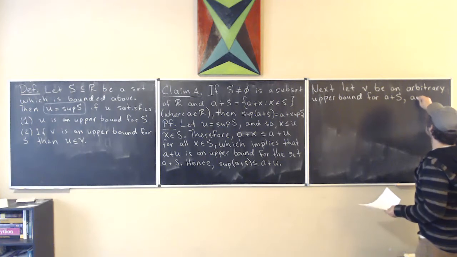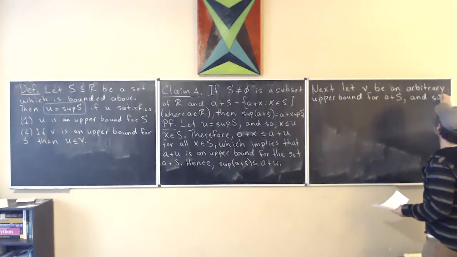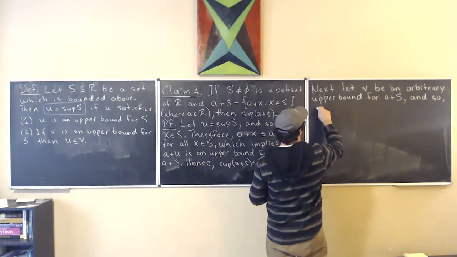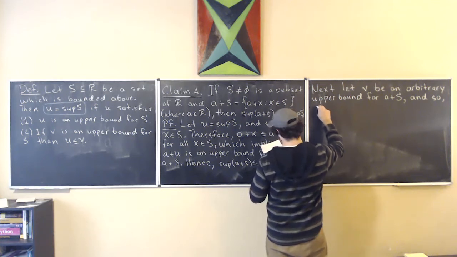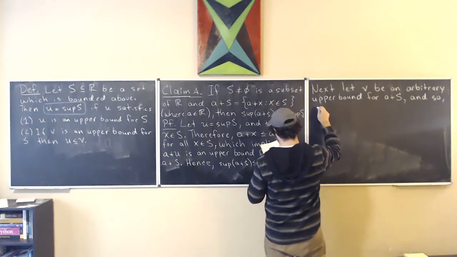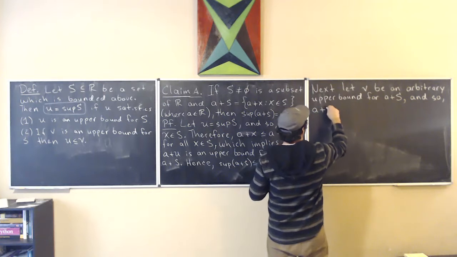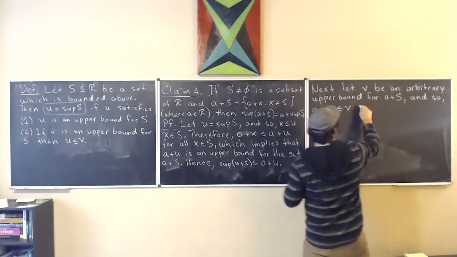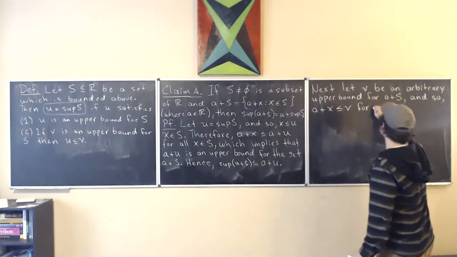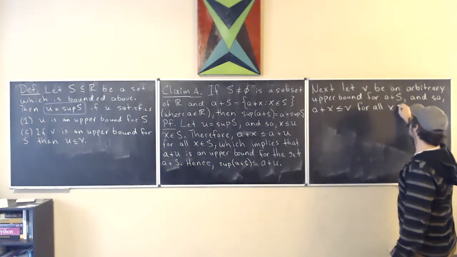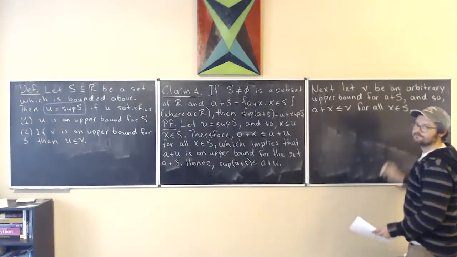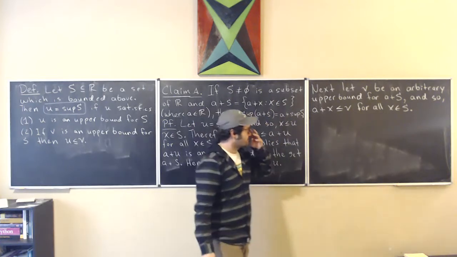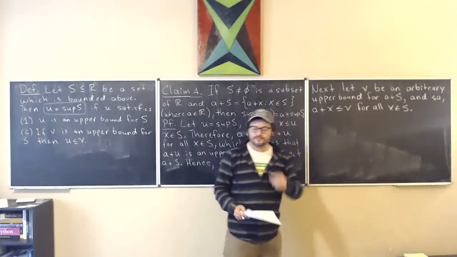We're going to say a plus x is at most B for all x in S, since it's an upper bound for the set a plus S.